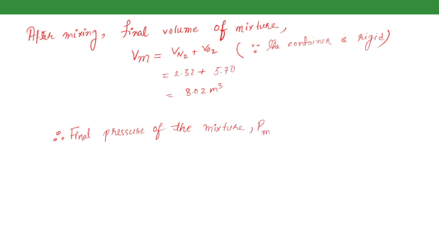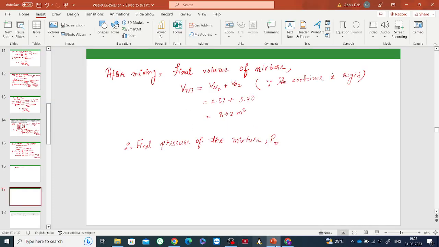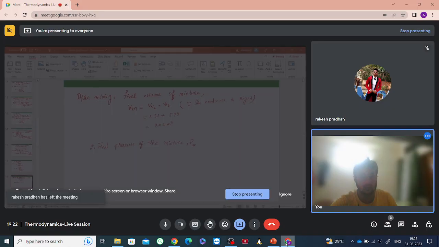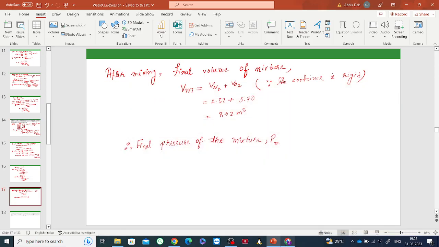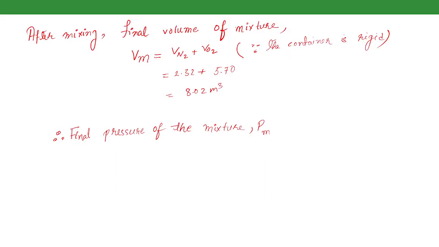we are doing this under the assumption that the mixture of two ideal gases will also be an ideal gas. Since both the gases that are mixing are ideal gases, we are considering their mixture to be also an ideal gas. So we are using the ideal gas equation for the mixture as well.